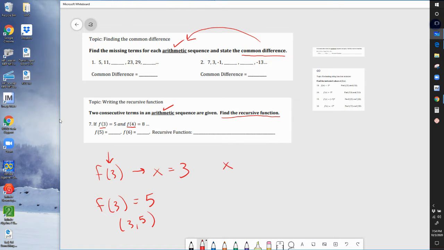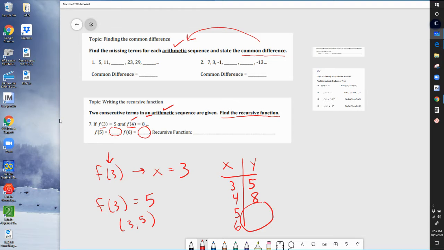Or if I was to make a table, okay, 3, 5 would be in the table. And then also, if you look up there, 4, 8 would be in the table. So now it just wants you to find what y equals at these two locations right here. So that's what you put right here and right here.